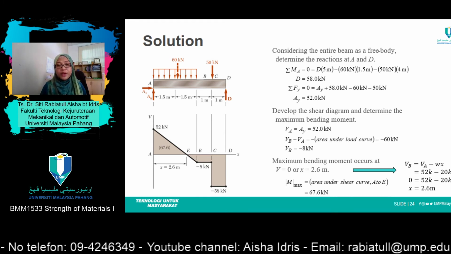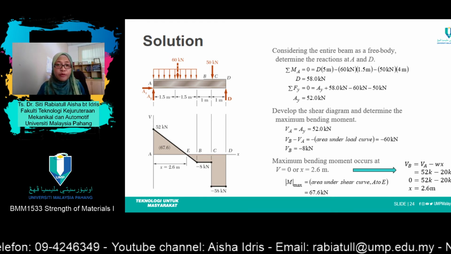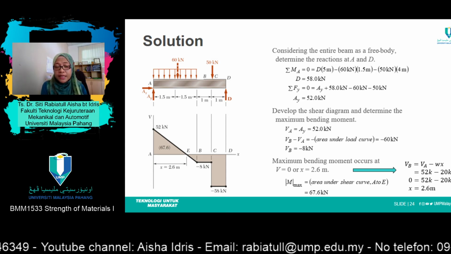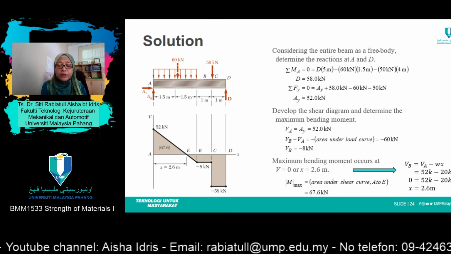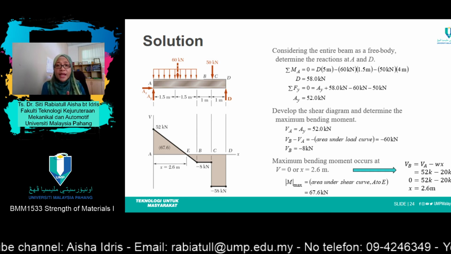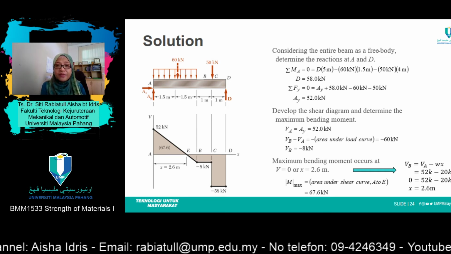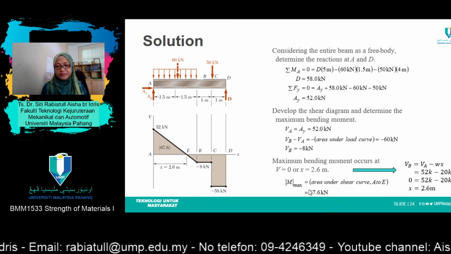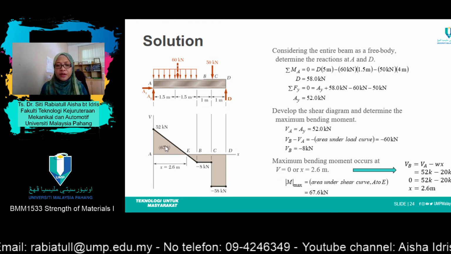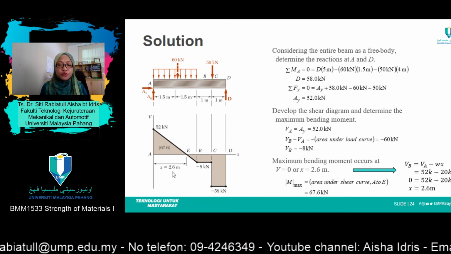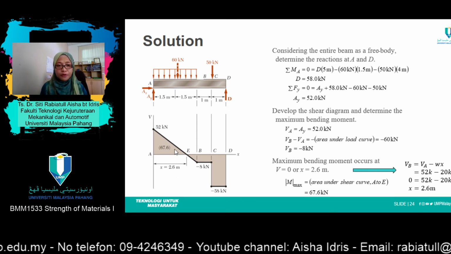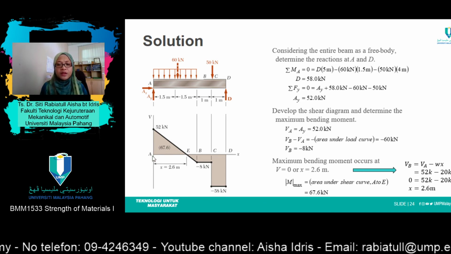For this case, you can either draw a bending moment diagram, or you can determine the bending moment value by taking the area under the curve of the shear diagram. Alright, so you know that x equals 2.6, and therefore you need to calculate the area under the curve here for the triangle.